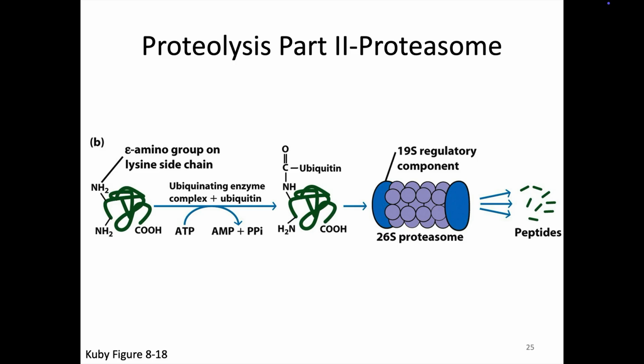Oh my gosh, one's for the cytoplasm and one's for the not cytoplasm. And the thing that we're going to use here is called the proteasome. So we're going to tag things to be destroyed by putting ubiquitin on them, and then we're going to destroy them using the proteasome.